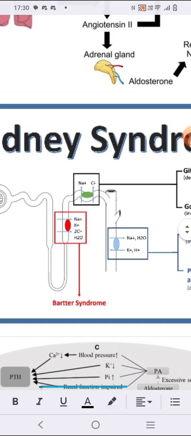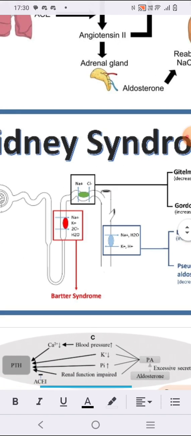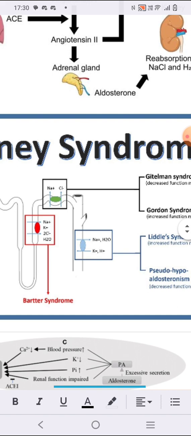But how do you distinguish furosemide from thiazide, or Bartter from Gitelman? By looking at calcium. Furosemide or Bartter syndrome is losing calcium by urine, so you will have hypocalcemia in this case, whereas thiazide or Gitelman syndrome saves calcium, so you will have hypercalcemia in this case.